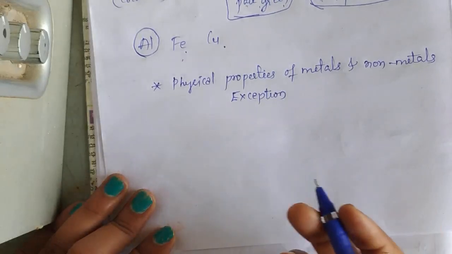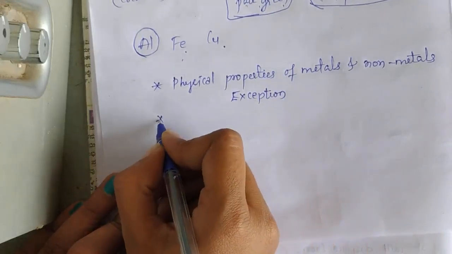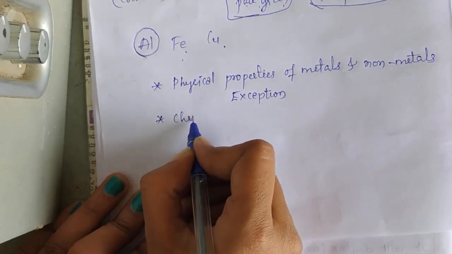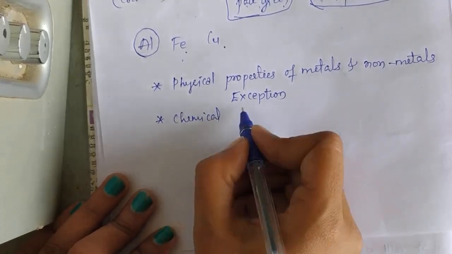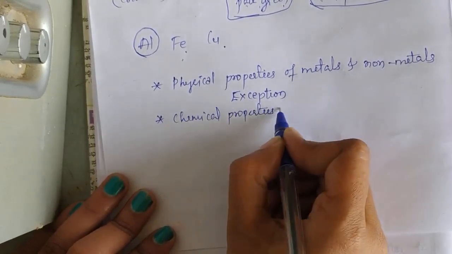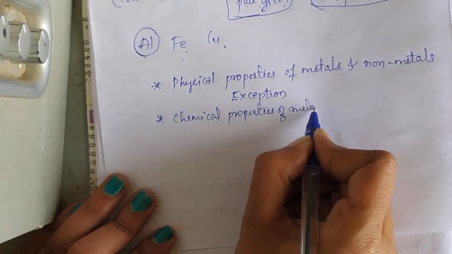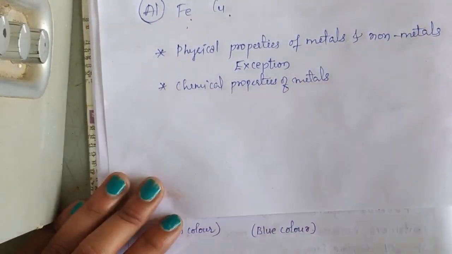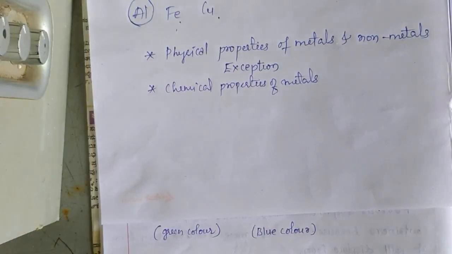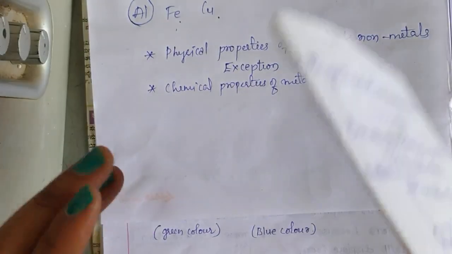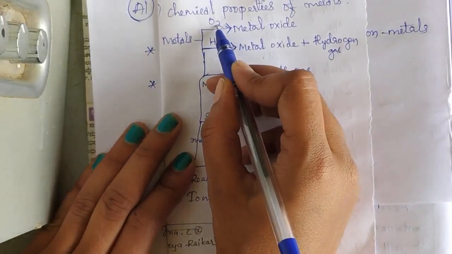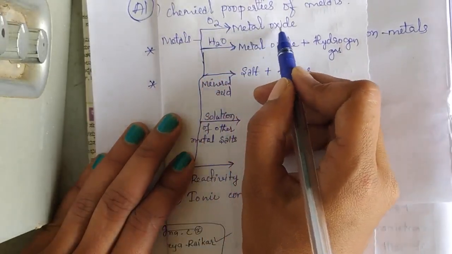Okay, and next one, you should focus on the chemical properties of metals. Okay, see here, when you see the chemical properties of metals, when a metal reacts with oxygen, it forms only metal oxide.